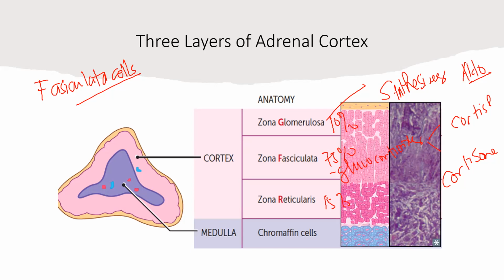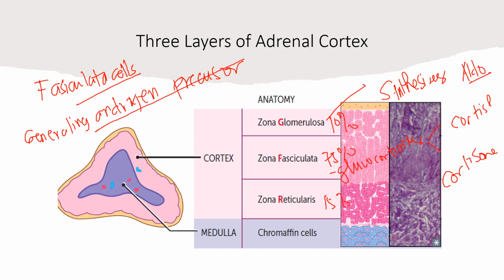And it is the one that is capable of generating the androgen precursor. Take note that your zona fasciculata, particularly the fasciculata cells, is the one that is capable of generating androgen precursors, which is important in the sex hormone.